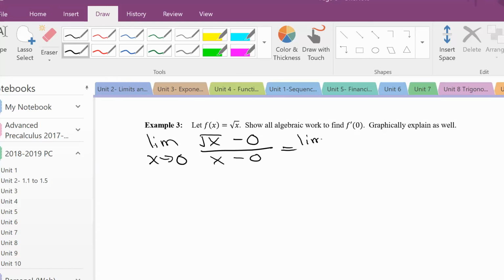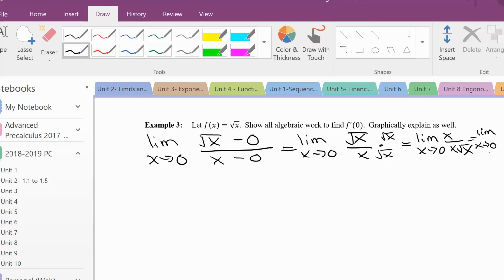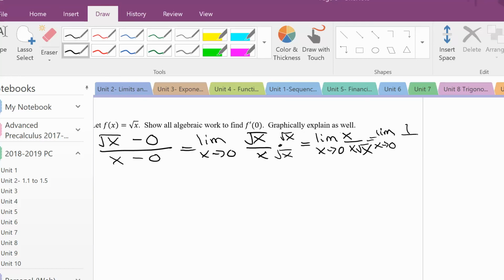So it's equal to the limit as x approaches 0 of the square root of x over x, which is equal to, when you multiply by the square root of x on both sides, the limit as x approaches 0 of x over x root x, which is the same as the limit as x approaches 0 of 1 over root x, which is 1 over 0, which is infinite or undefined, which means it does not exist because you have unbounded behavior.